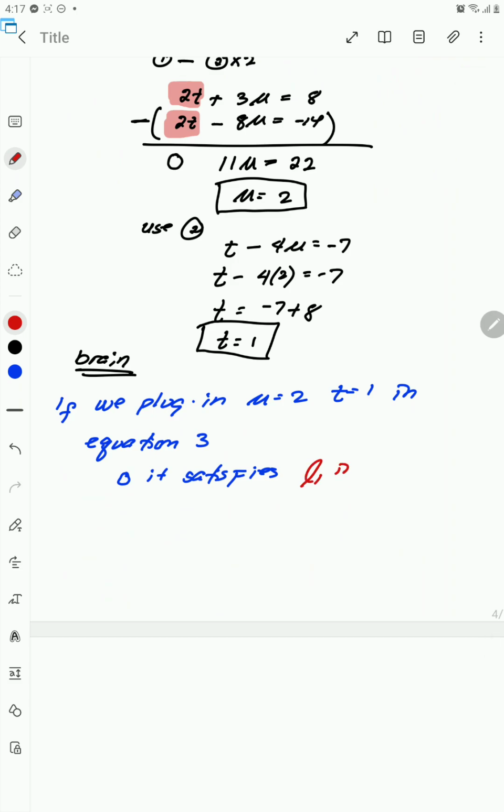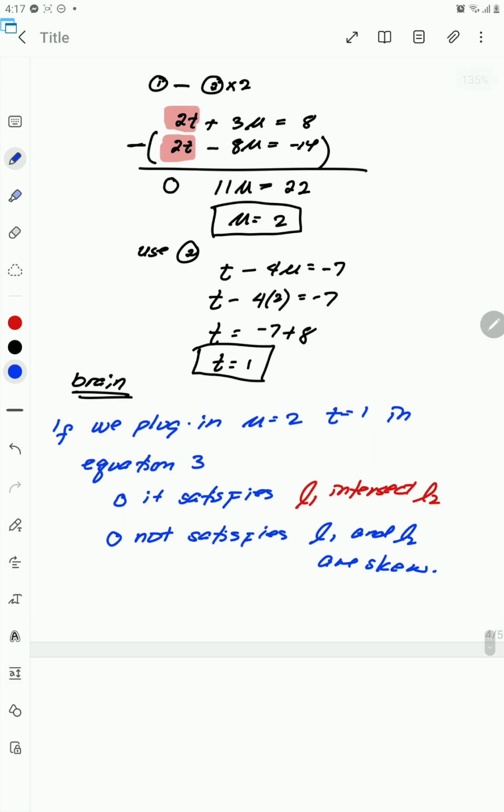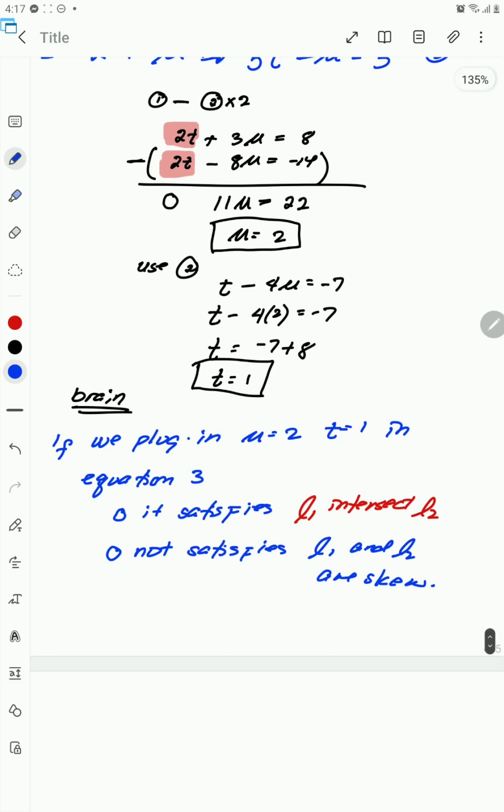Line 1 intersects line 2. If it does not satisfy, then it means L1 and L2 are skew. Okay, because there is no other possibility.